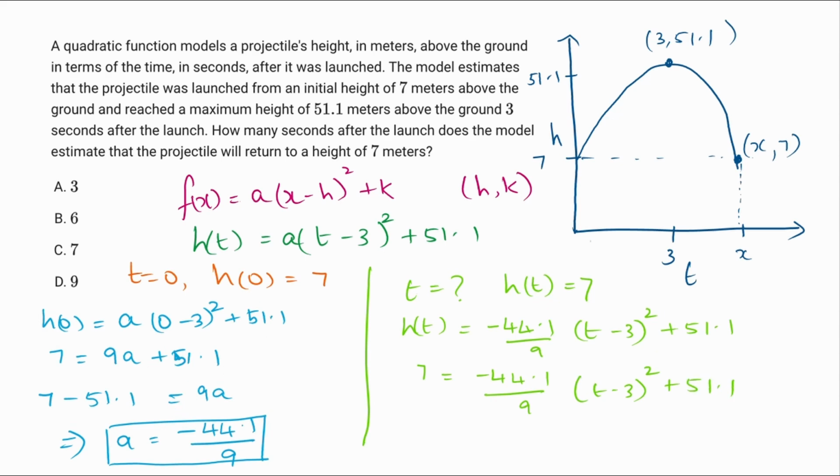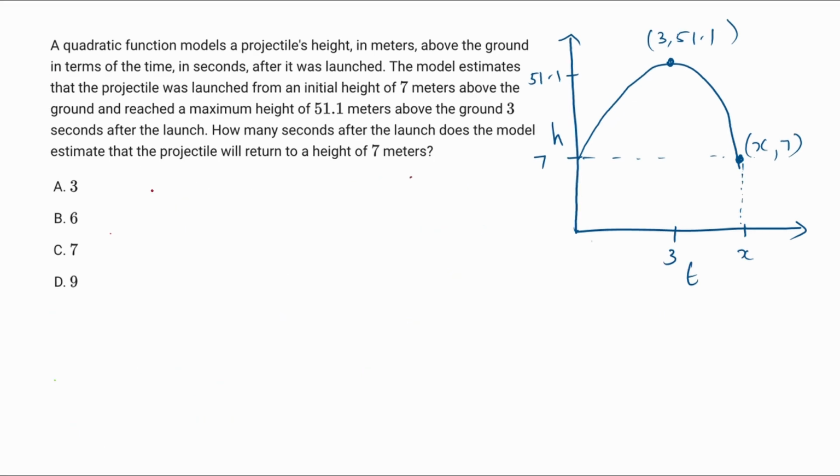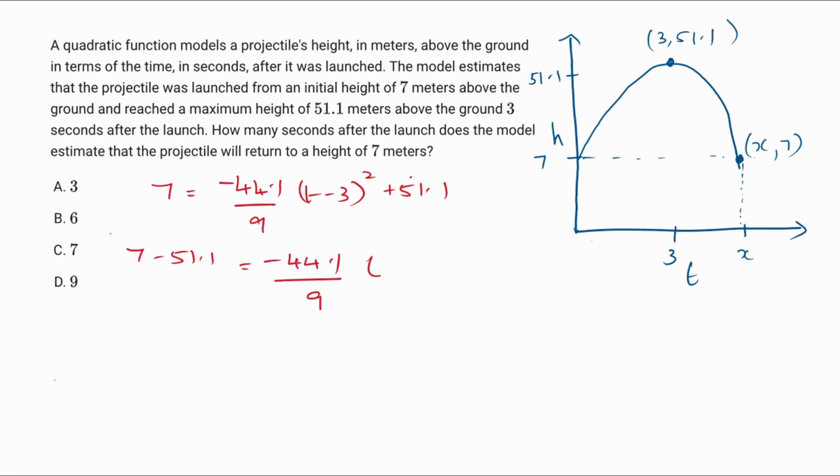I'm just gonna clear some space over here. So we have 7, which is equal to negative 44.1 divided by 9 times (t minus 3) the whole square plus 51.1. So subtracting 51.1 on both sides, we get 7 minus 51.1, which is equal to negative 44.1 divided by 9 times (t minus 3) the whole square.